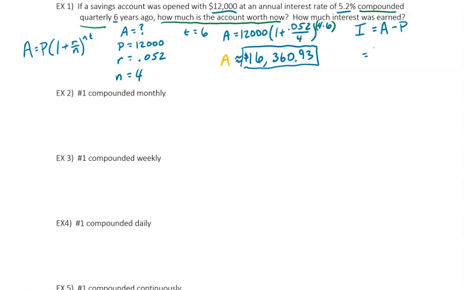So in our case, it's going to be $16,360.93 minus the $12,000 that we put in. So we get $4,360.93. That's how much interest was earned.